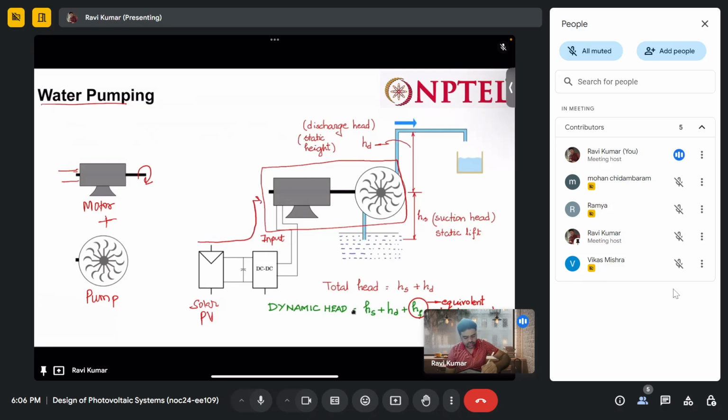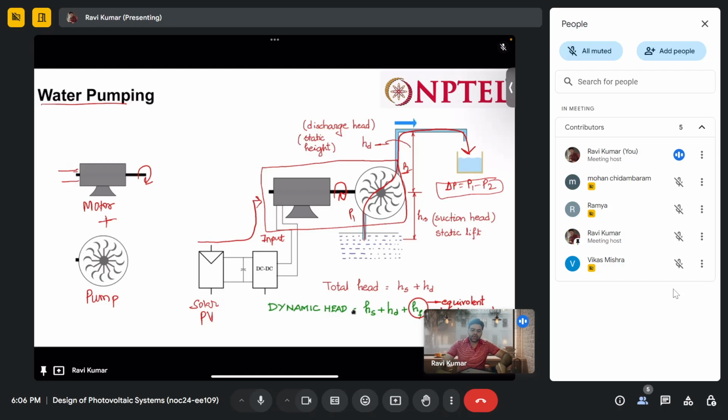It is rotating the shaft. Due to rotation of the shaft, this pump is creating a pressure difference P1, P2. So there is pressure difference delta P, that is P1 minus P2. And if there is a pressure difference, this pressure difference will create water to flow from this to this, and it will be collected in some reservoir.